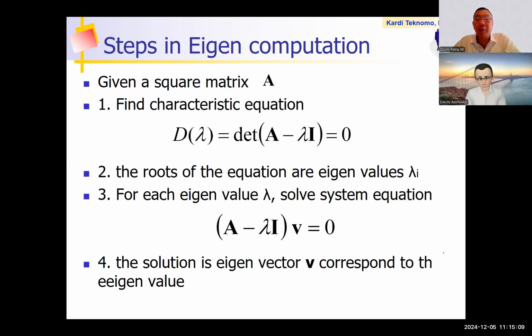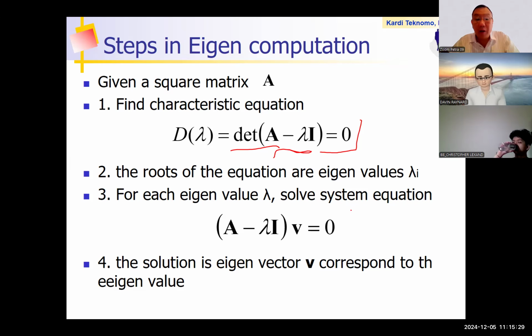And then you find the roots of the equation. Those roots of the equation become the eigenvalues. Once you get the eigenvalues, you put them back to solve this equation. You will get the eigenvector. These are the steps.